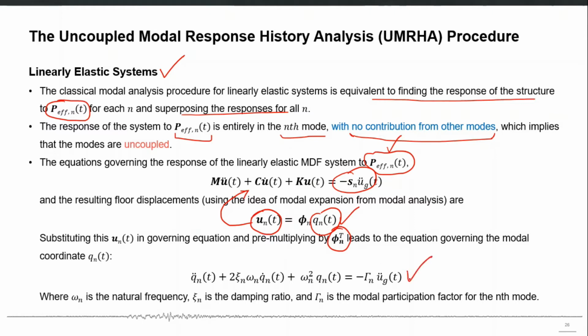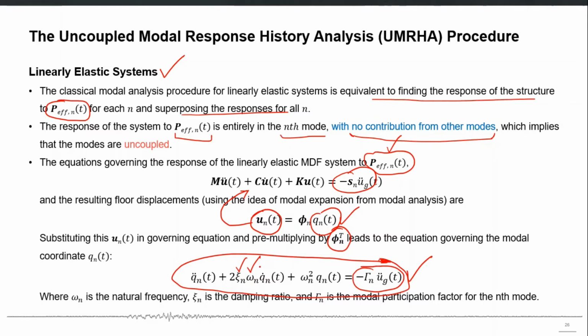This is the nth mode's uncoupled equation of motion, which we have extracted from this multiple degree of freedom system equation. And this equation is same as the equation of a single degree of freedom system, which is subjected to this dynamic loading on the right hand side, and which has the natural frequency omega n, and which have the damping ratio xi n.